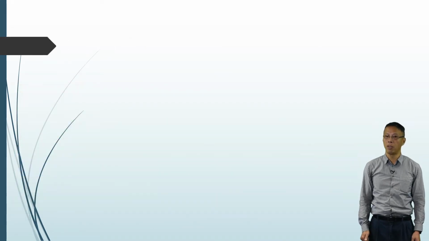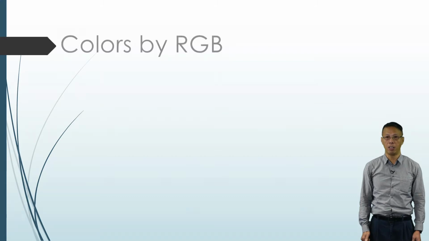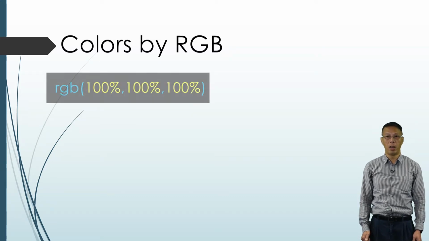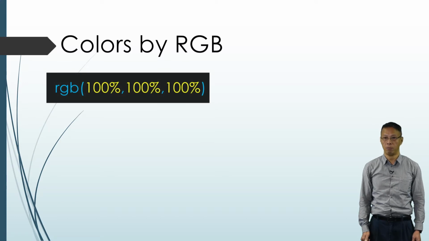The first way is specifying colors by the values of RGB. Here we have some examples. We can have 100% for R, which stands for red, 100% for G, which is green, and 100% for blue. And the result is white.